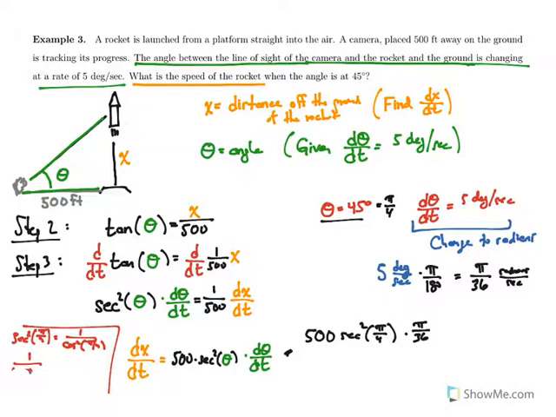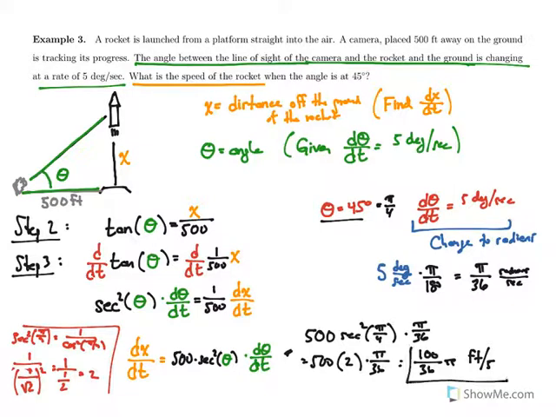In fact, it's better to write this as 1 over root 2 squared, which is 1 over 1/2, which is going to be 2. This all turns out to be 500 times 2 times pi over 36, or 1000 over 36 pi. This is going to be feet per second. Or we could write this as 250 over 9 pi feet per second, fully simplified.